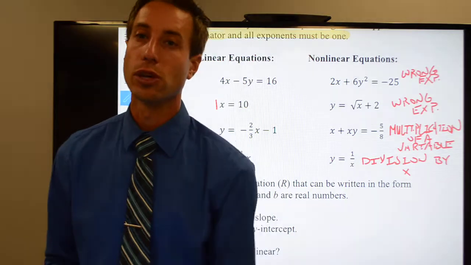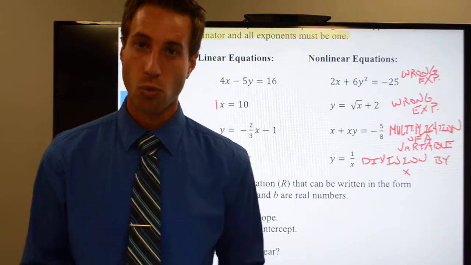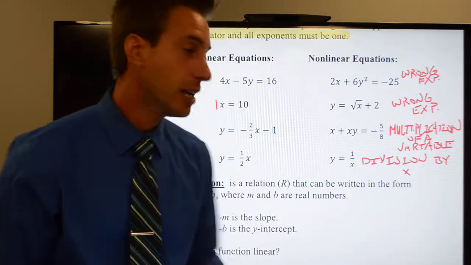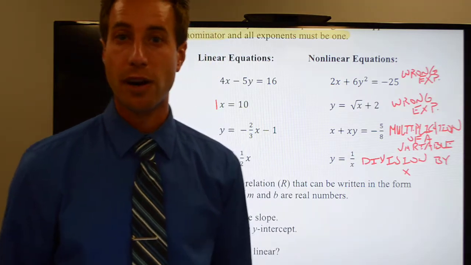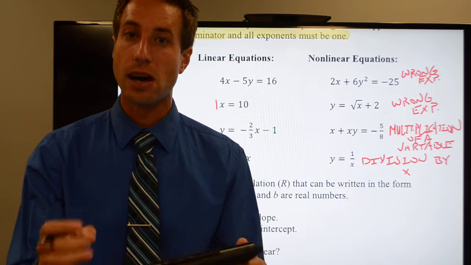But the point is what you're looking for. Do you have any variables raised to a power other than 1? If you do, it's not linear. And finally, check to see if you have division by a variable. If any of the variables are in the denominator, it is not linear.